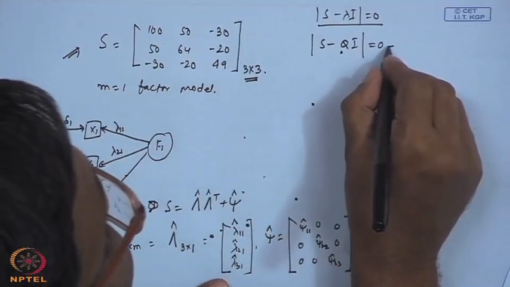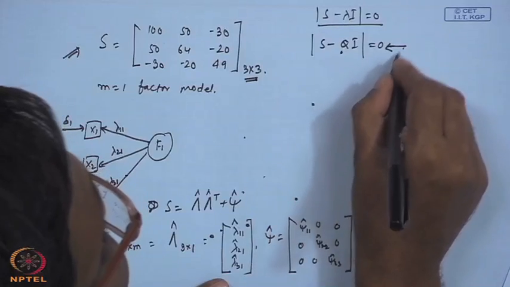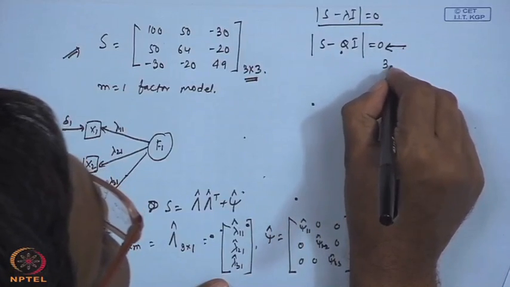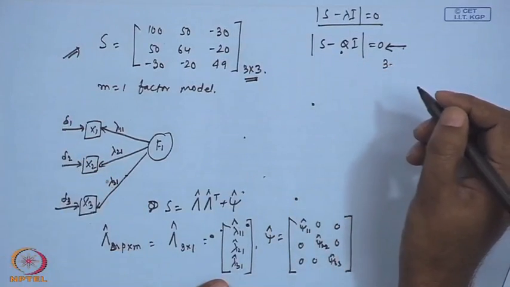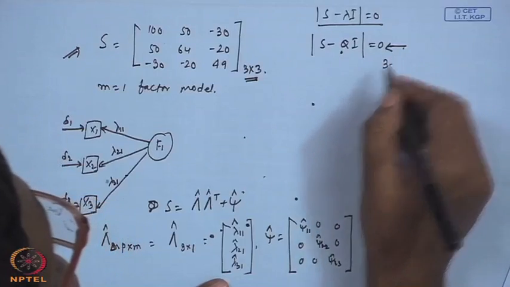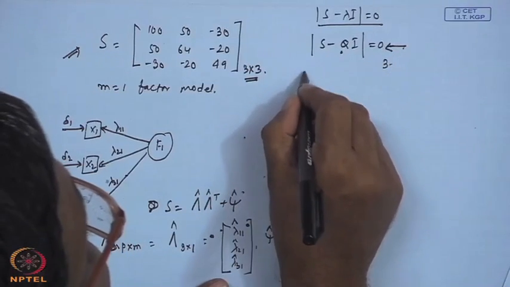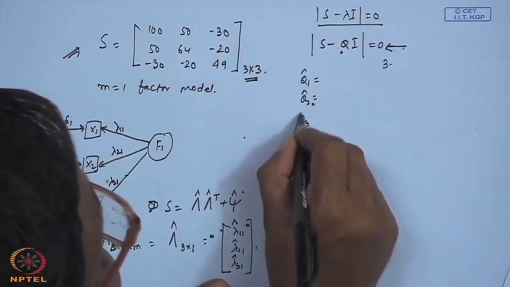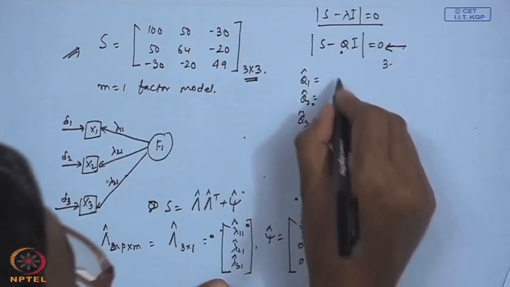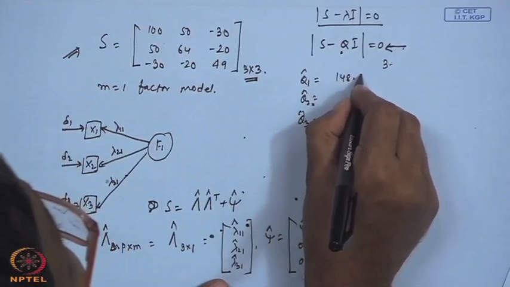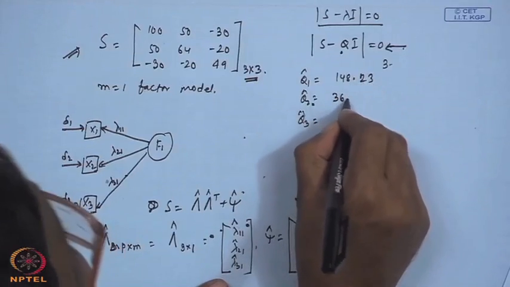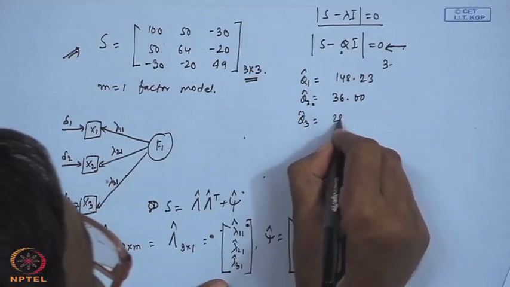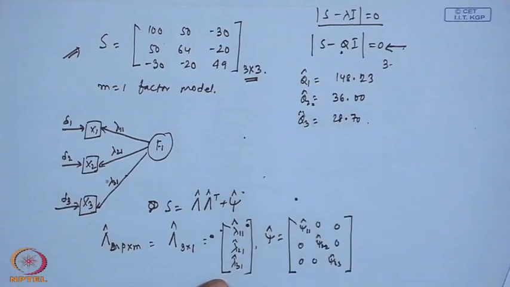So if you do like this, ultimately it is a 3 by 3 matrix, so you will get a characteristic equation which is a third order polynomial. Your roots will be Q1, Q2 and Q3, and these values are 148.23, 36.00, 28.70.